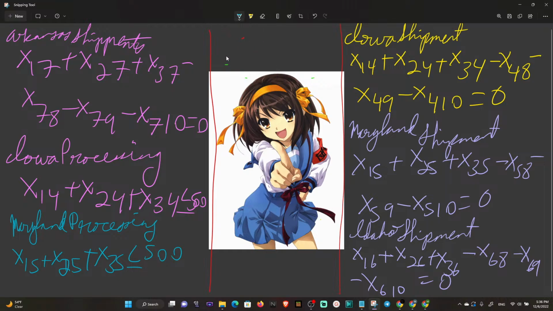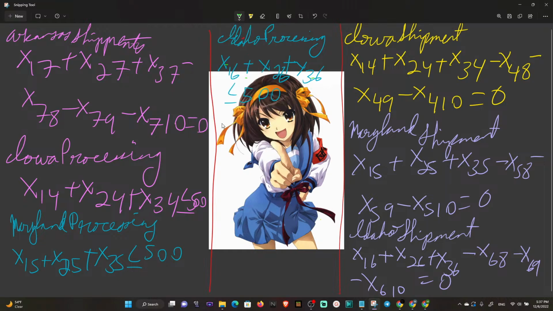So Maryland processing is that. Then we have the Idaho processing, which will be x16 plus x26 plus x36 is less than or equal to 500. That's a terrible 5. Let's fix that.